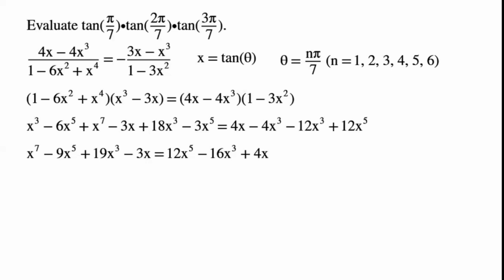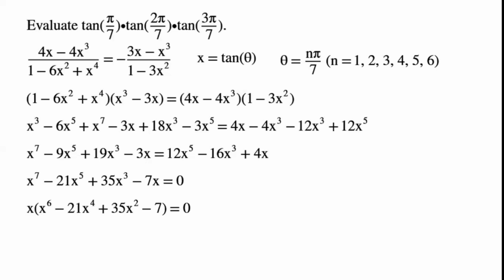12x to the power of 5 minus 16x cubed plus 4x. By simplifying this equation, we can now write x to the power of 7 minus 21x to the power of 5 plus 35x cubed minus 7x equals 0.